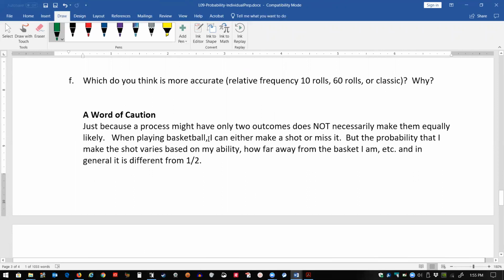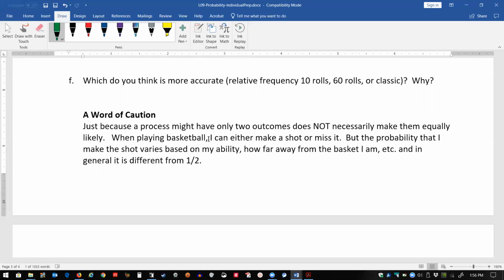So keep in mind our caution here, just because there's only 2 outcomes doesn't mean that the chance of each of those outcomes is the same, right? If I'm out shooting free throws, I probably have a 65% chance of making a free throw right now. I haven't practiced for a while, okay? So I only have 2 possible outcomes when I shoot a free throw. Either I make it or I don't, right?